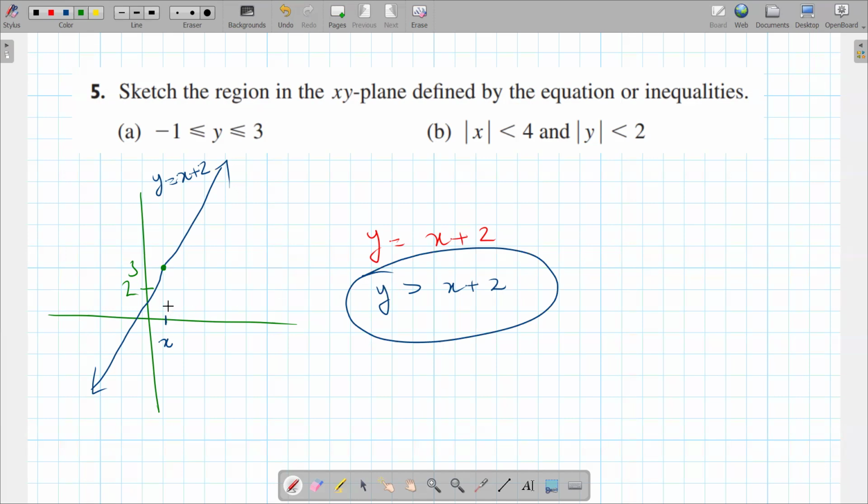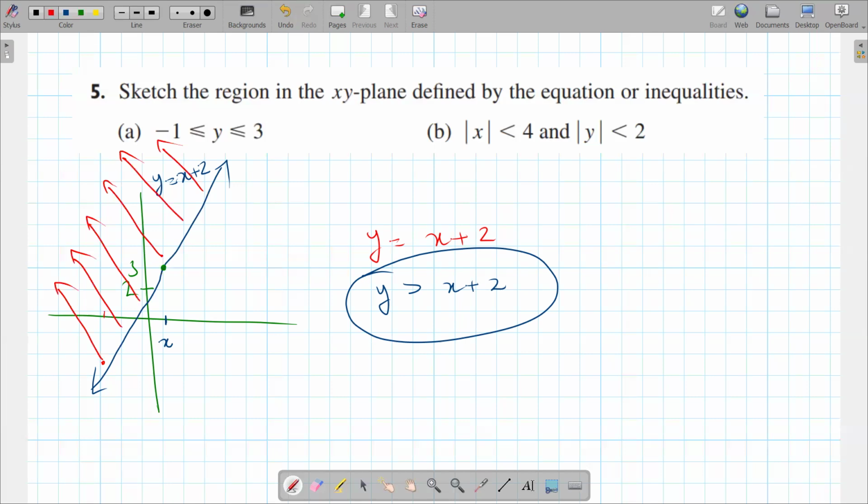So for this x value, my y value for the inequality must be higher. And this applies to any x value. So for every x value, you want a y value to be higher than the line. And you'll see that that'll give you this direction. So this is the graph for y is bigger than x plus 2.